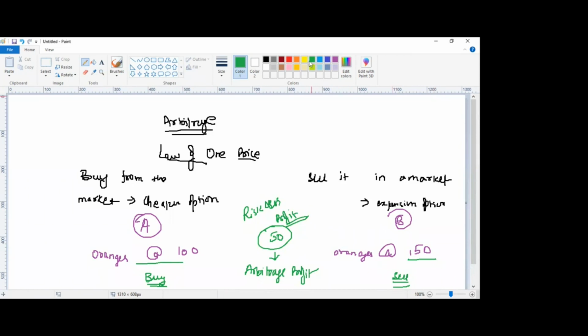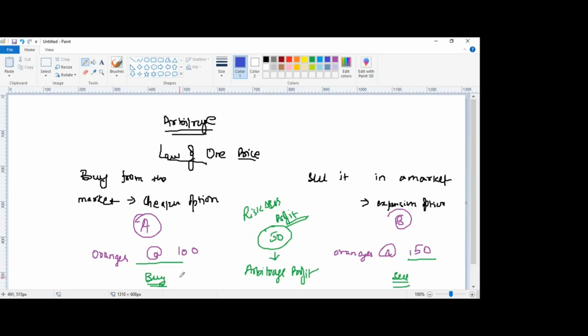Now, what happens? When we have this flexibility of buying from one market and selling into another, in this market the prices were low, maybe because there was less demand in comparison to this market.